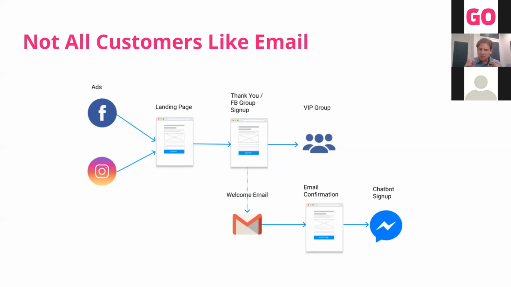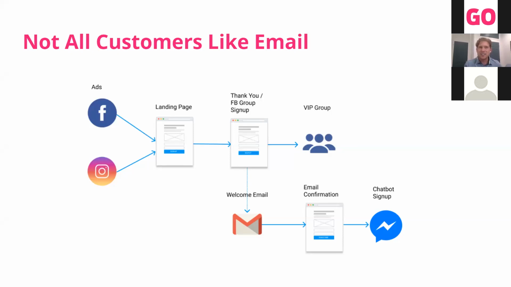So by adding a couple of additional things to a sign-up funnel for a user, it doesn't add much time, and we'll take a look at this in a sec. But just by adding that VIP group and that chatbot sign-up, we've now got 3 key touch points with each user, or whichever users choose to sign up for those 3 touch points.